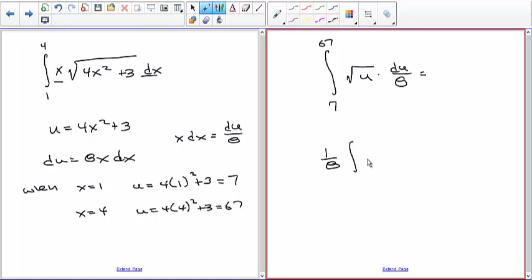We change square root of u to u to the 1/2 power. And then we just do the polynomial integration. So we add 1 to the exponent, divide by the new exponent, and put this vertical line to show us that we are going to evaluate this function at the upper and lower limit.